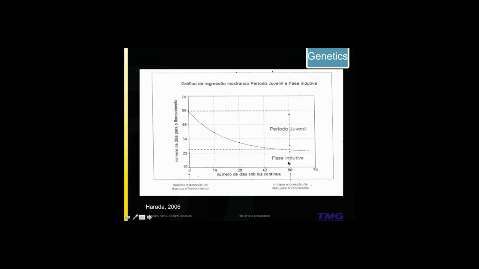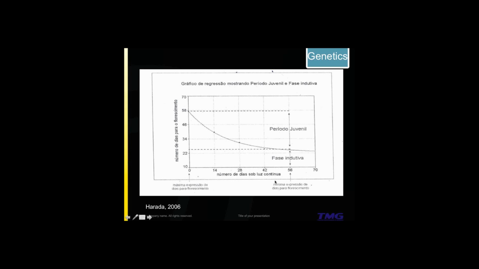And by doing that, one can separate and measure what we call the inductive phase, which is the phase where the plant starts to actually measure the day length, and by the difference between days to flowering under continuous light and days to flowering with zero supplementation of light, one would measure the juvenile period.